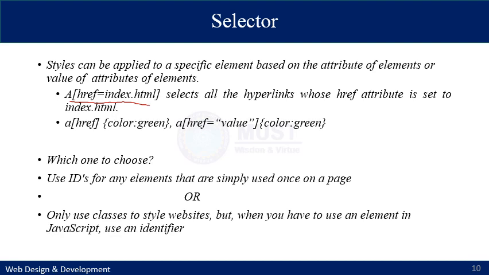So this style will be applied to all the hyperlinks which have the href of this particular value. Similarly, this style will be applied to all the hyperlinks which have an href value without considering what the value of href is. So you can use any kind of selector for your particular needs.